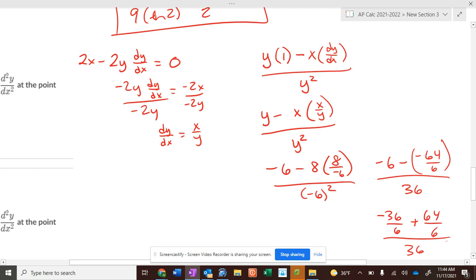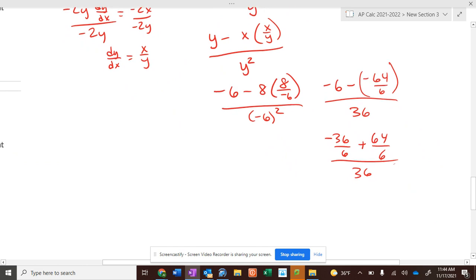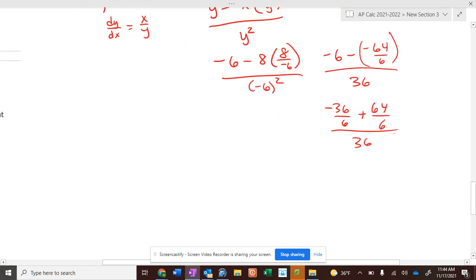Negative 6 is negative 36 over 6, so we can get a common denominator in the numerator. Negative 6 is negative 6 over 1 right now, so I multiply top and bottom by 6 to get a common denominator of 6.